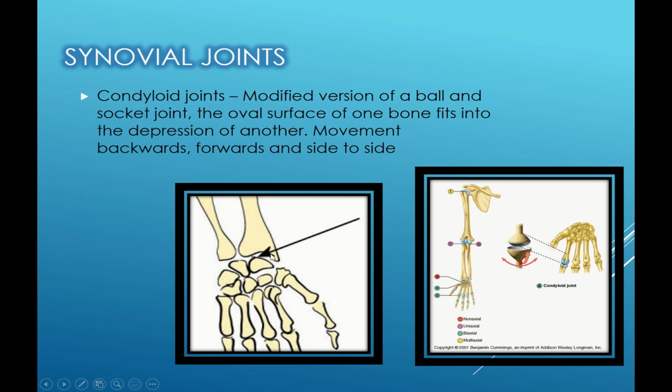And this allows quite a bit of movement from forwards, backwards, side to side, so we can flex, we can extend, we can slightly rotate the wrist, and this is the purpose of a condyloid joint. So when you're asked an example, I want you to think about the wrist and also the ankle, because these are the two outstanding examples of a condyloid joint.